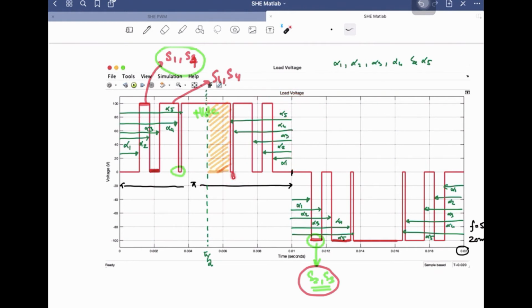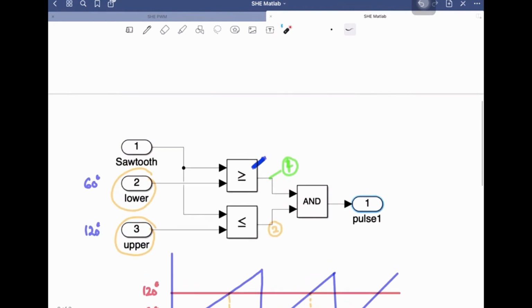Then the second pulse, that is from here, that is 180 minus alpha 4 to 180 minus alpha 3. That will give you this interval, from here to here. And then for this, you will have to do 180 minus alpha 2 as the lower limit, and the upper limit will be 180 minus alpha 1. So in this way you will get this set of pulses from these blocks.